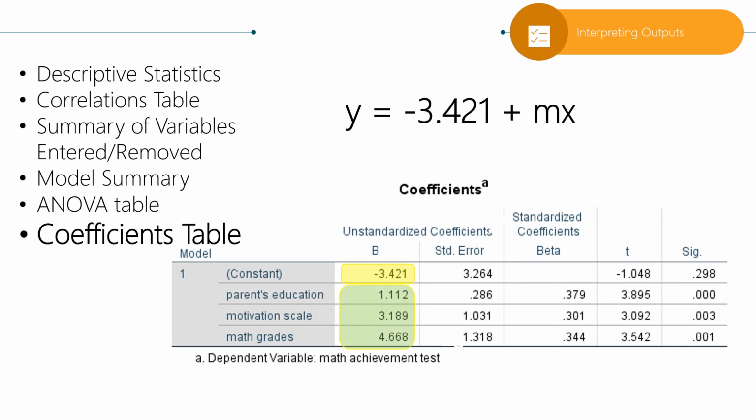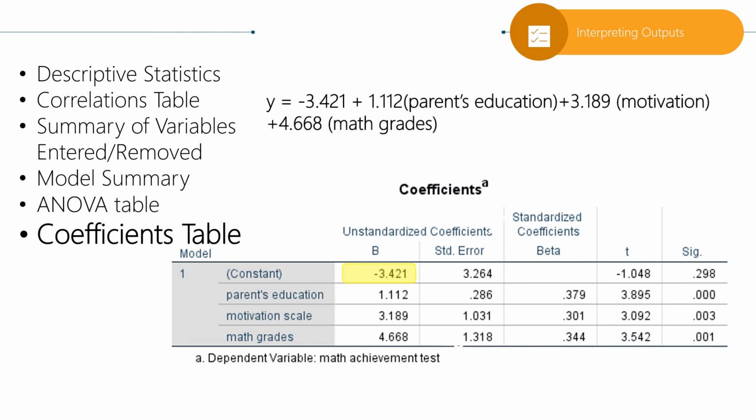Next, we will consider the unstandardized coefficients for each predictor variable. We insert our coefficients as the m variable or slope of our equation. 1.112 times parent education plus 3.189 times students' motivation plus 4.668 times math grades.